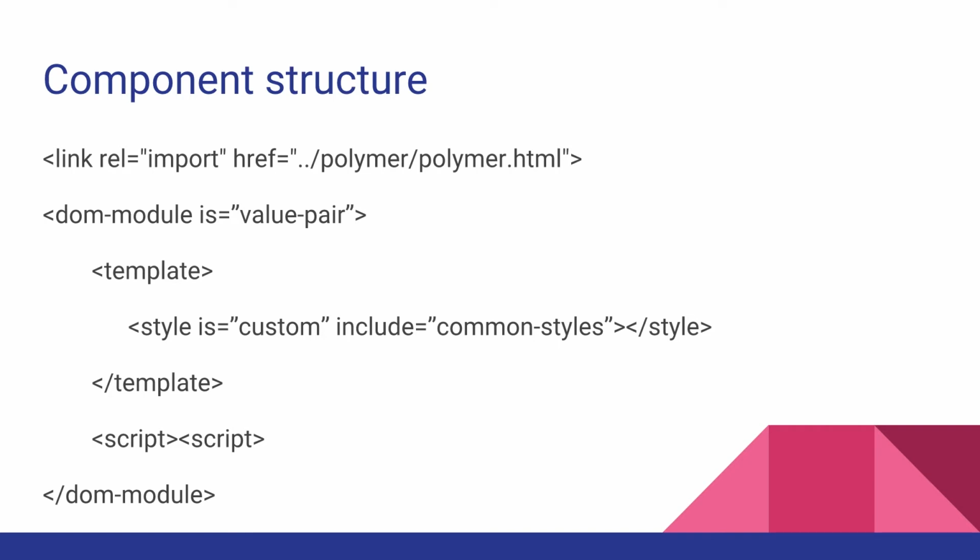So this connection is very important for that process. And then inside of our templates, we have the custom styling that shows how we should show this component. And we can also include some common styles that we have defined somewhere else in another component.